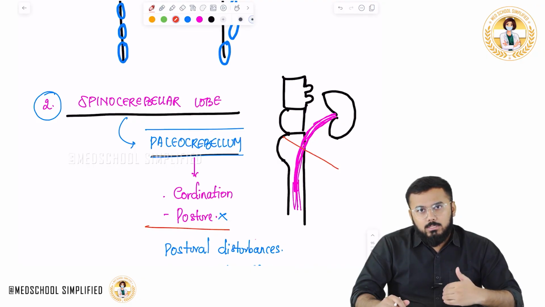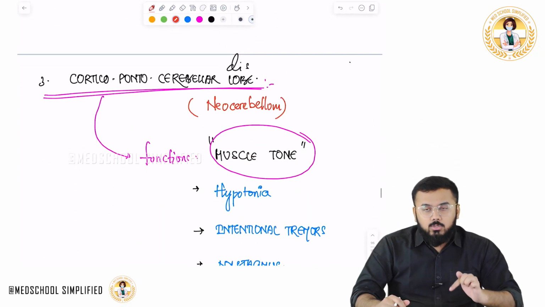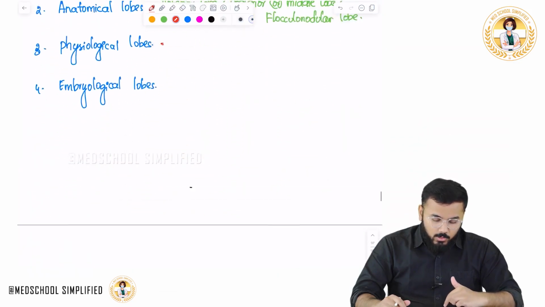Another one is simply called the spinocerebellar lobe. Another one is called the corticopontocerebellar lobe. What are the three lobes?